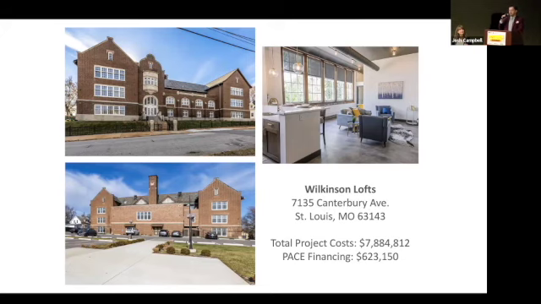That's not allowed. So obviously, we found a way around it. There's still PACE items, but you're not really able to capture the entire value of the energy efficient incentives like we would if it was a new build or if there wasn't historic tax credits. But obviously, we made it work, and it was a vital source of our capital stack.